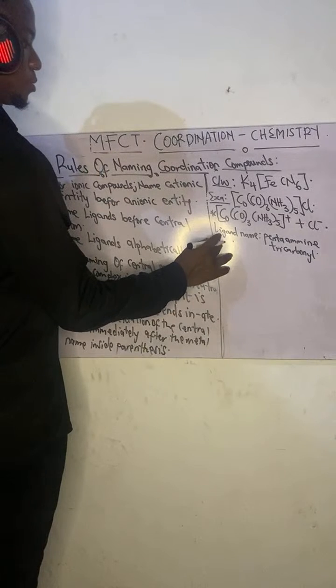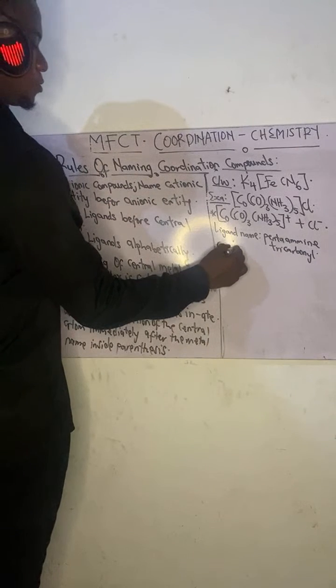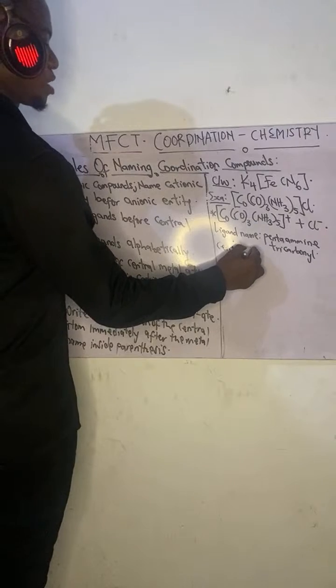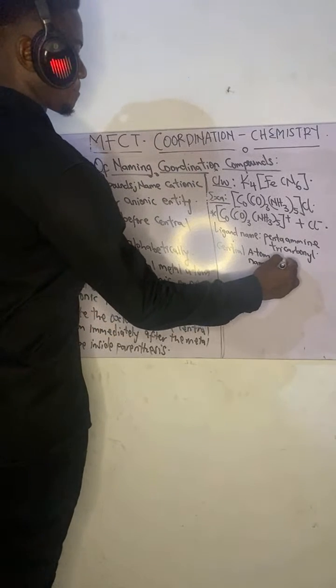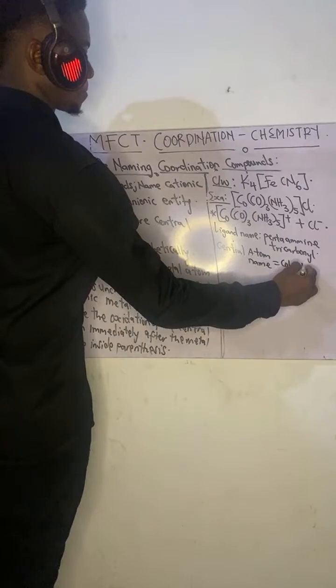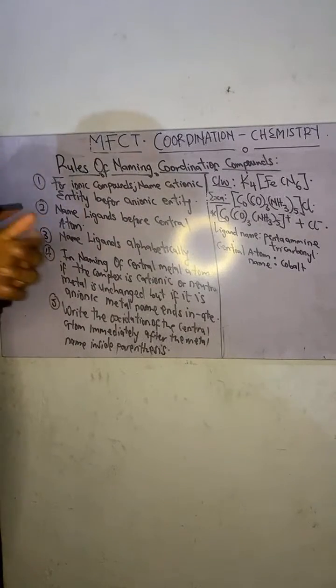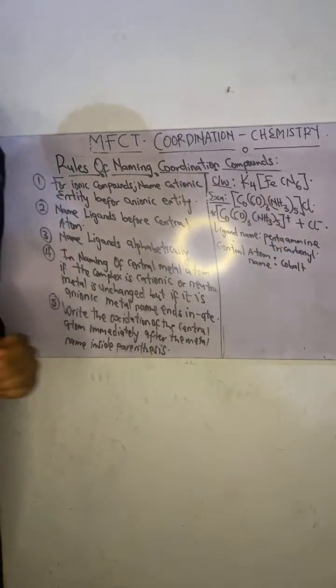Hence, the name of the central atom would be unchanged, just cobalt. It will only change to cobaltate if the charge on the coordination sphere is negative, that is, if the compound is anionic.